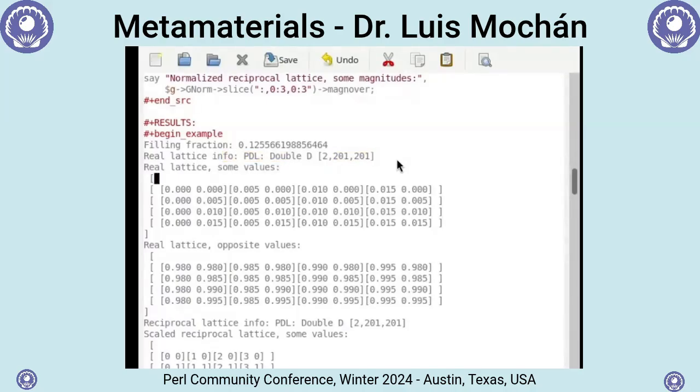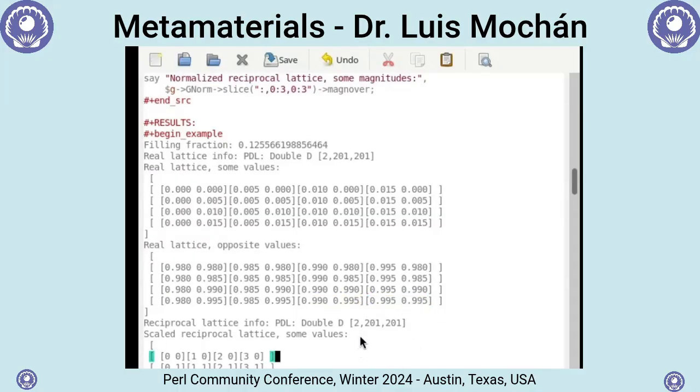Okay, so I was telling you here are some values of these arrays. So it starts at 0, 0, and it is growing by 0.005 in the x direction and in the y direction. If I go to the other extreme of the array, then it goes up to 995.